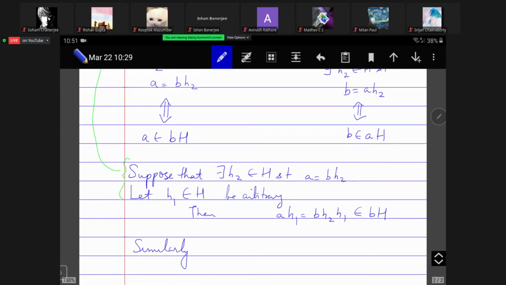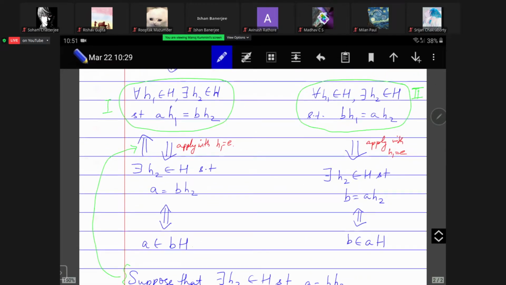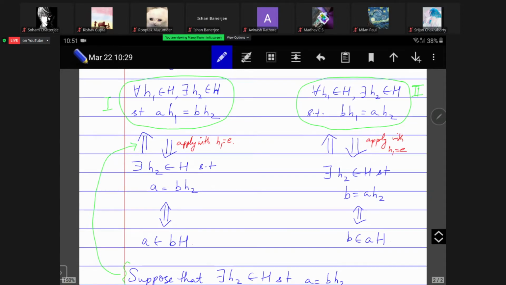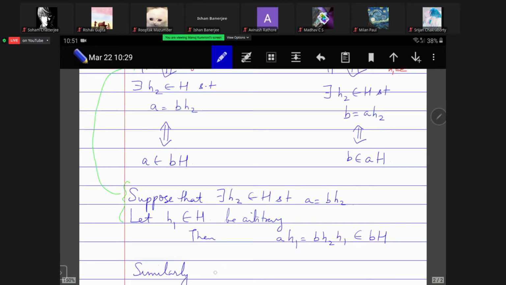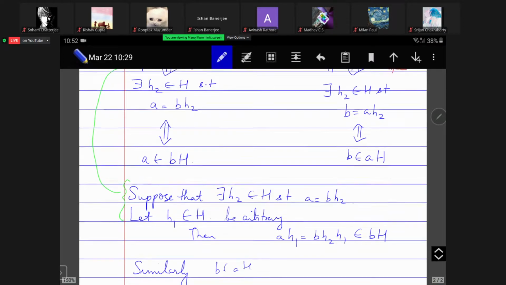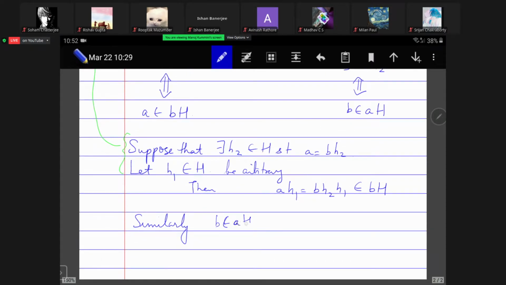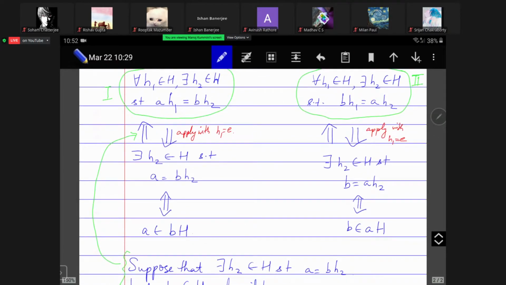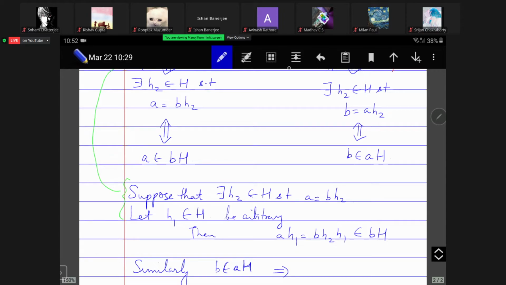So similarly, this apparently weaker looking statement on the right side is equivalent to the statement 2 circled in green. Similarly, B is inside AH implies that, maybe, sorry, if I write it, it's going to be wrong.